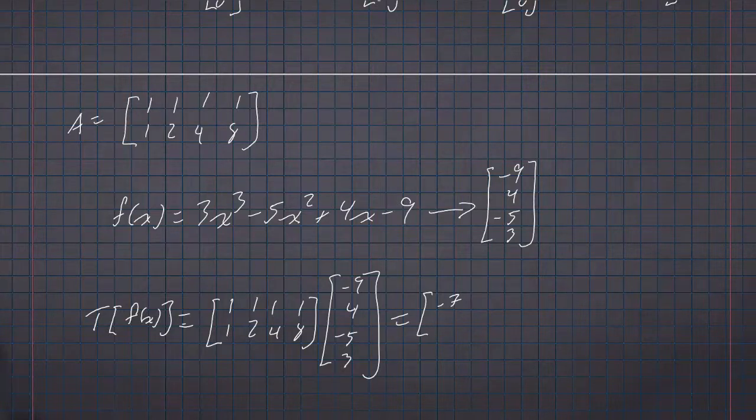And then 8 times 3 is 24, -21 plus 24 is 3. You can try using the direct evaluation. F of 1 is -7, f of 2 is 3, checks out. Just another way of approaching something.